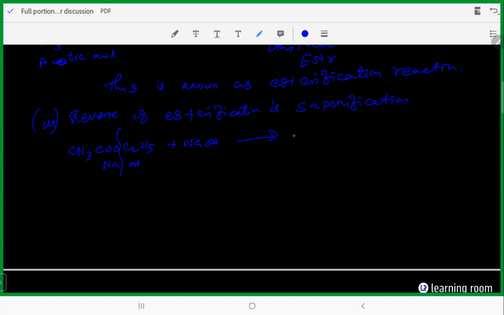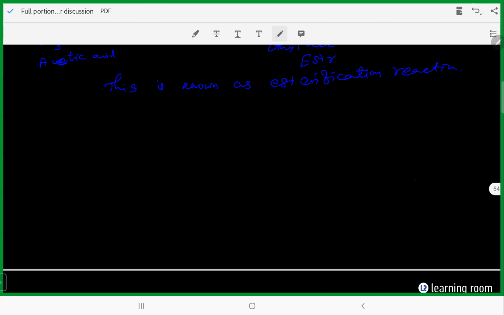It gives CH3COONa plus CH3CH2OH. So this is sodium acetate and this is ethanol. This is ethyl acetate. Okay, that's all.